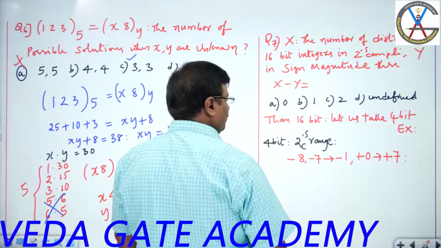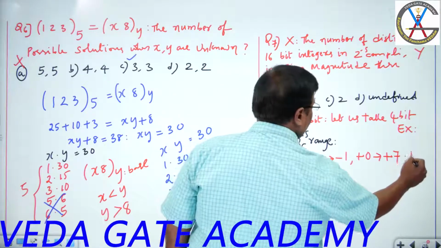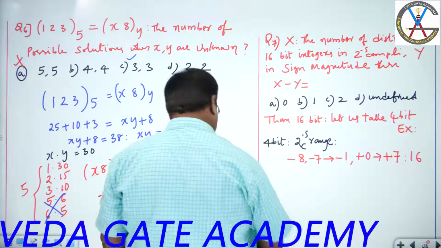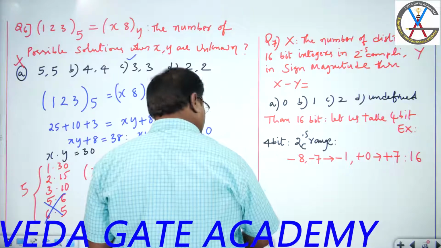How many are the possibilities? 8, 7, 1 and 0 to 7, that is 16, no? Yes.